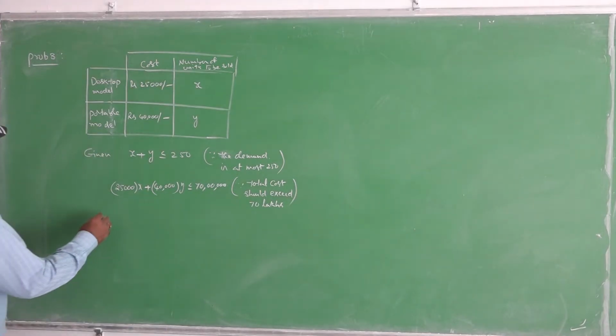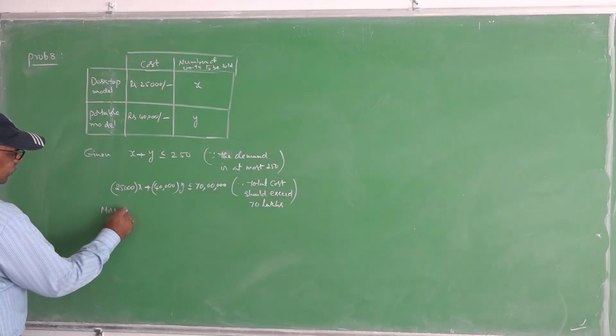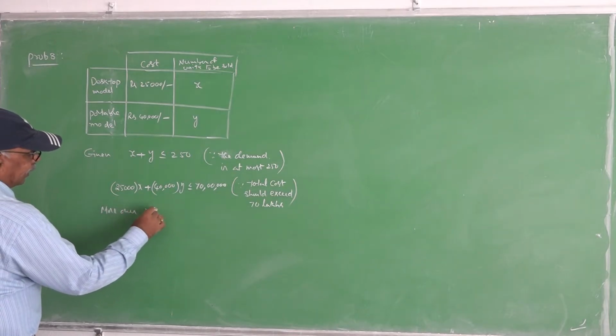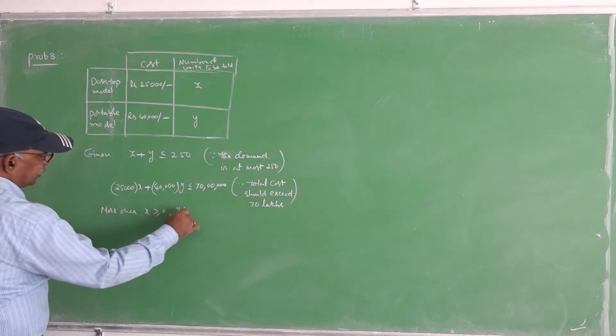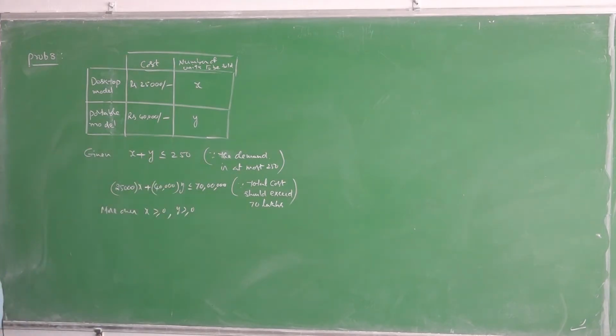Moreover, X greater than or equal to 0, Y greater than or equal to 0. The number of units to be sold is always non-negative. X must be greater than or equal to 0, Y must be greater than or equal to 0.